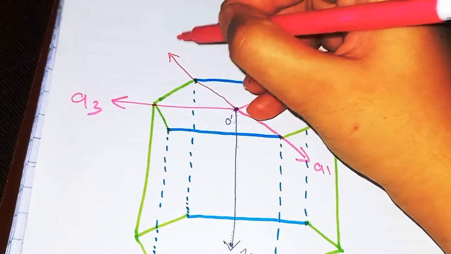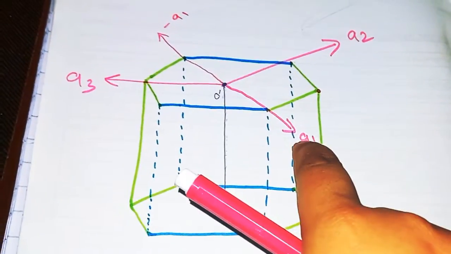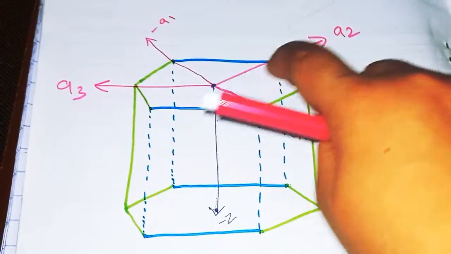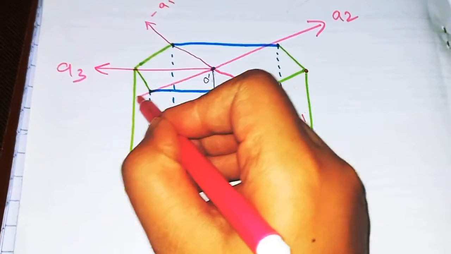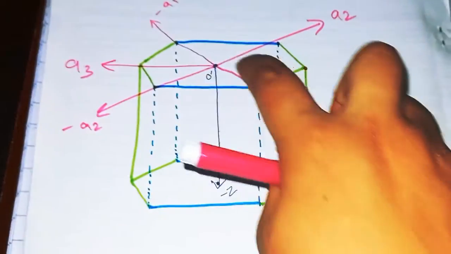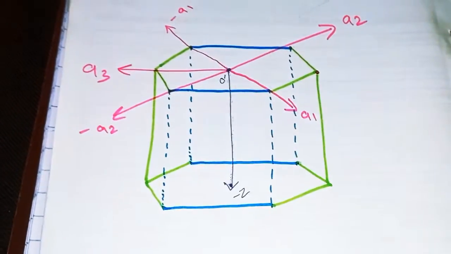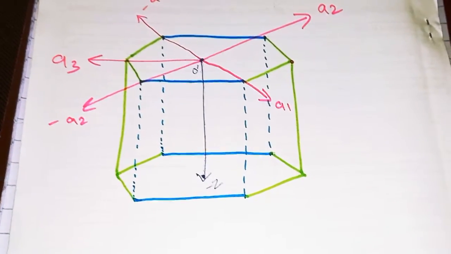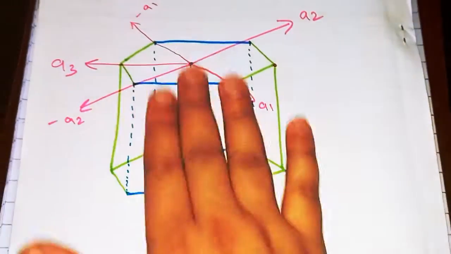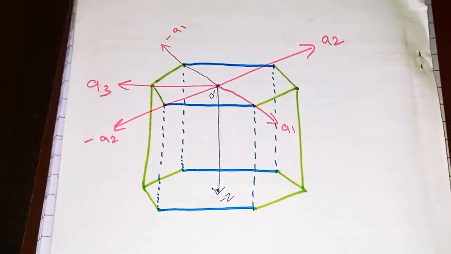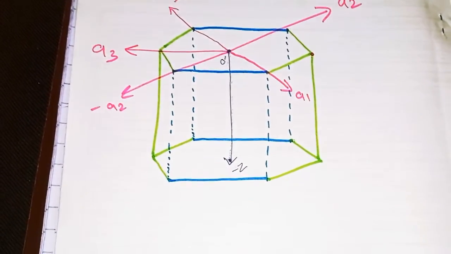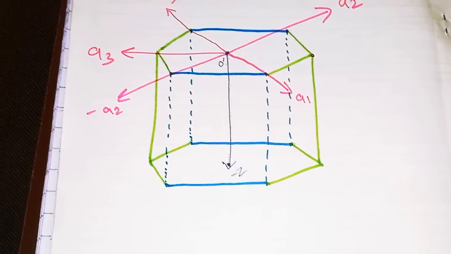This is the negative A1 axis, this is the positive A2 axis, this is the negative A2 axis, and this will be the negative A3 axis. We don't need the A3 axis, so we don't need to add so many things. That is it. This is our HCP unit cell fully prepared for drawing the plane.